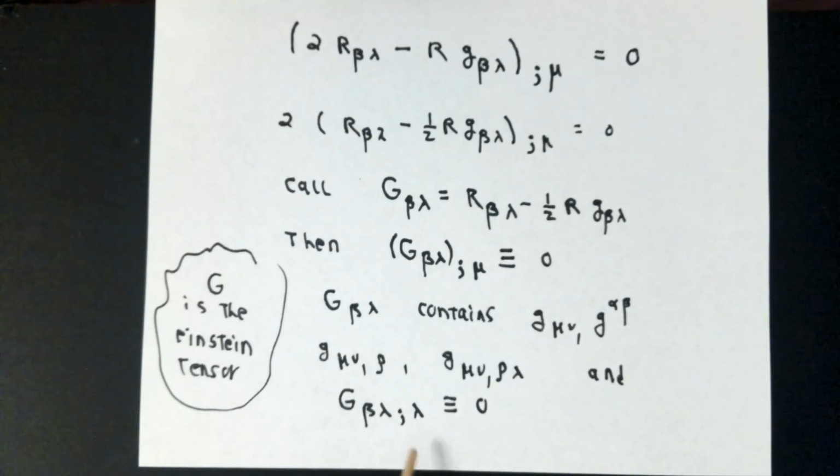And we've just found out that the capital G tensor is divergence free. This is the criterion that we said long ago that the left-hand side of the field equations are going to have to satisfy. This capital G is called the Einstein tensor.